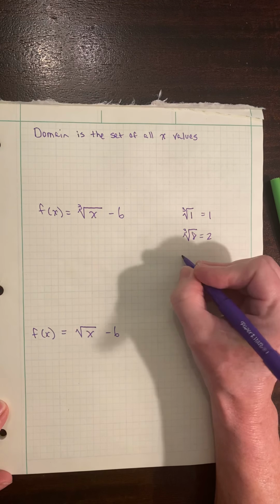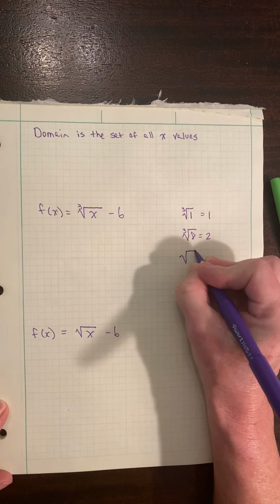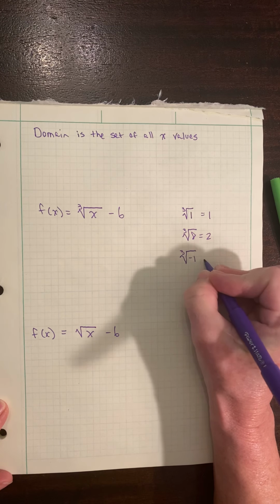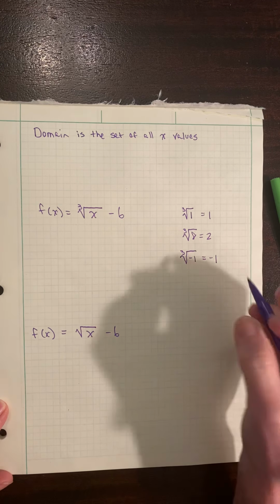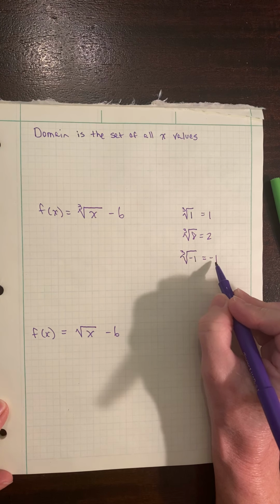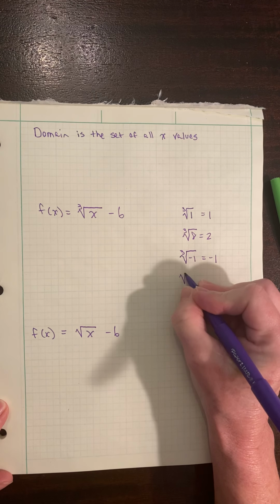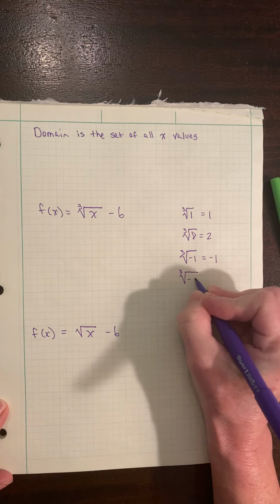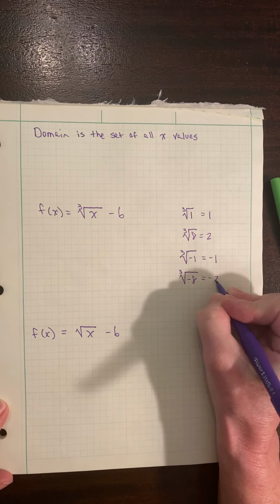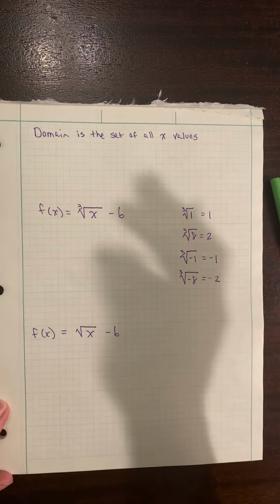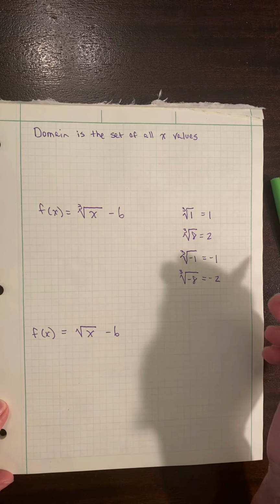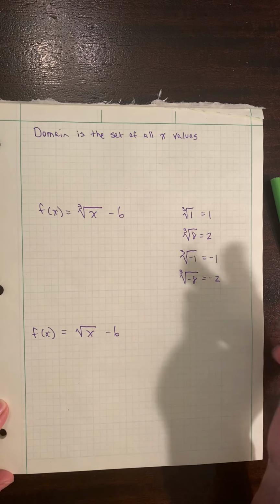Well, since it's a cube, you could also have negative numbers underneath. That just gives you a negative quantity because a negative times a negative times a negative is a negative. And again, if I wanted to take the cube root of -7, I could do that in a calculator and get a decimal estimate.